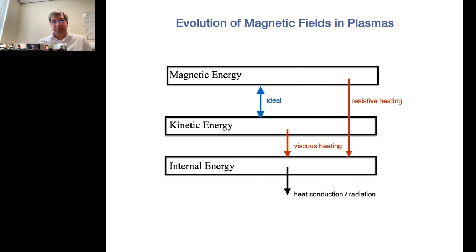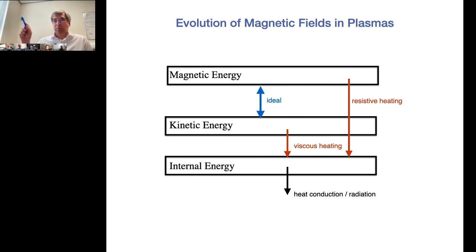That is great. So in turbulent plasmas, often the viscous dissipation is actually more efficient than the resistive one. And so what you often see is that the turbulence distributes magnetic energy to kinetic energy, and then that is dissipated by viscous heating, and that is the big energy loss channel.